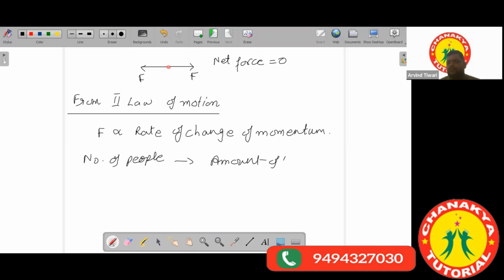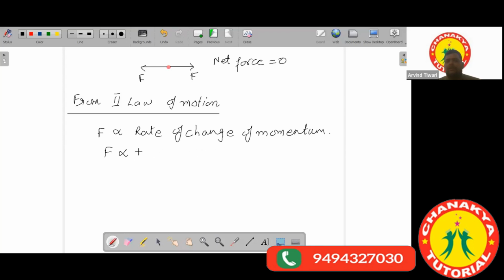So is it directly proportional? More the number of people, more the amount you have to pay. Yes, sir. So it is directly proportional. In the same way, here we say that the force is directly proportional to the rate of change of momentum. That means the greater the force, greater will be the change of momentum. Okay. So we can write it as F proportional to change of momentum.